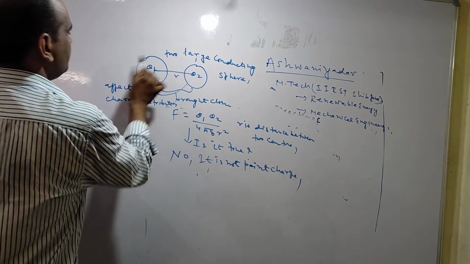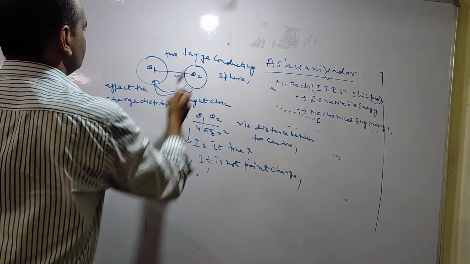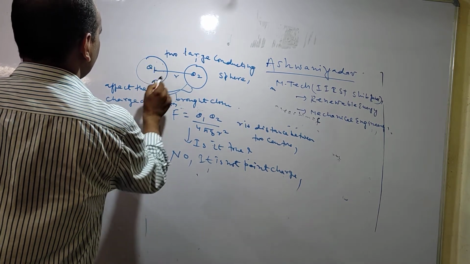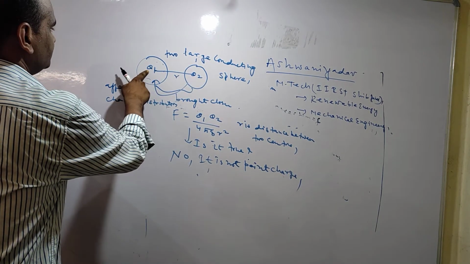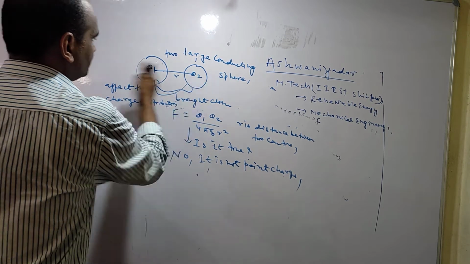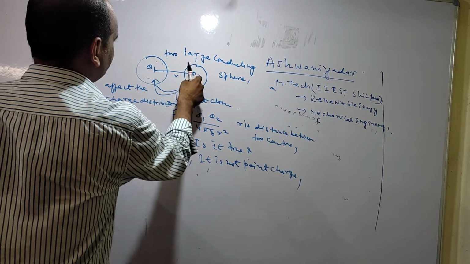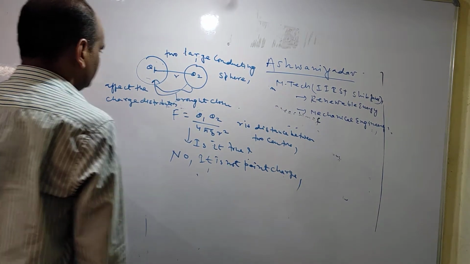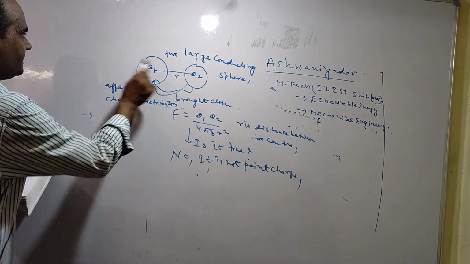This is a large conducting sphere, and the charge will not be distributed uniformly as it was before coming closer to the other sphere. The charge will not be concentrated at the center.